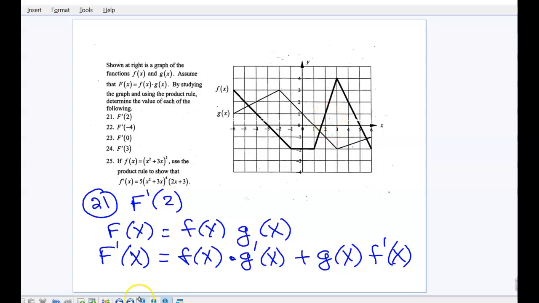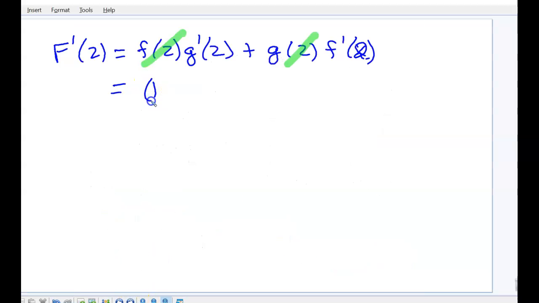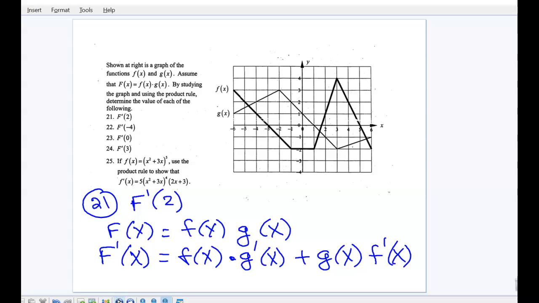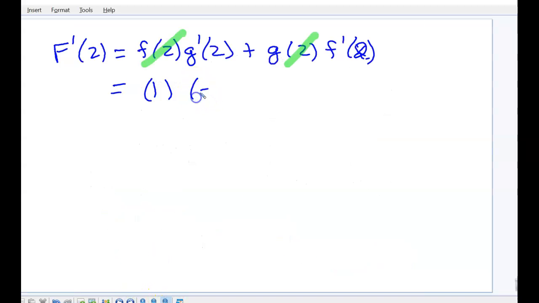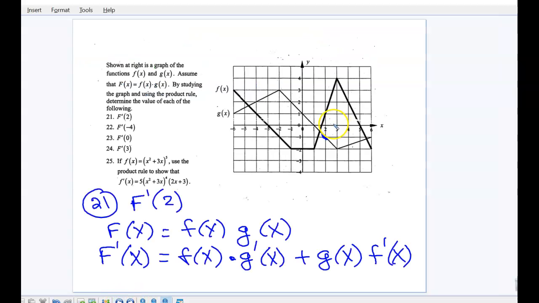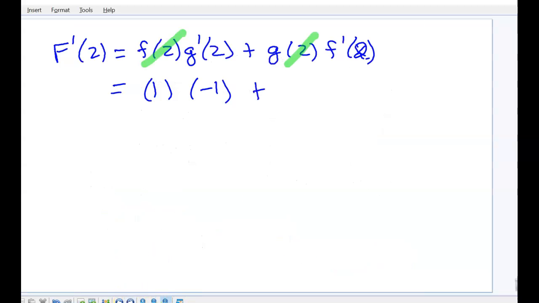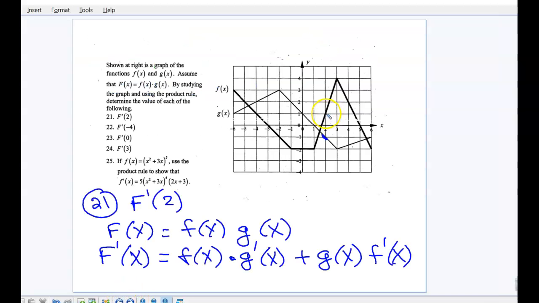At 2, f of 2 is 1. G prime of 2 is the slope of the tangent line at 2, and the slope of that tangent line, if I was to evaluate it, would be -1. G of 2 is just the y coordinate of g when x is 2, and that is -1. And f prime of 2 would be the slope of the tangent line at 2.